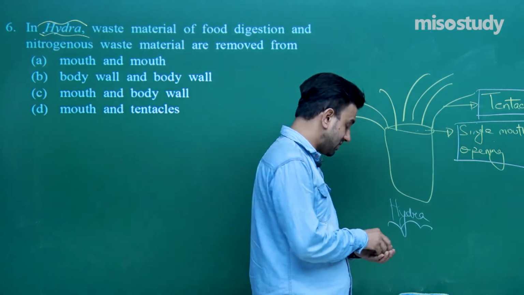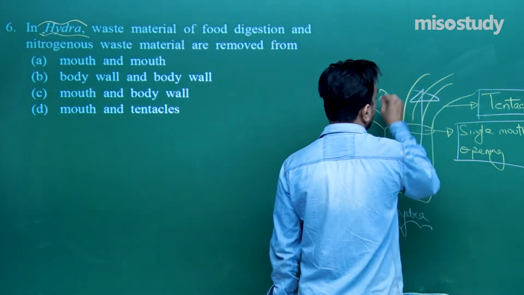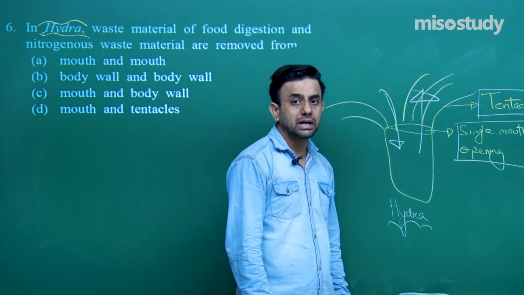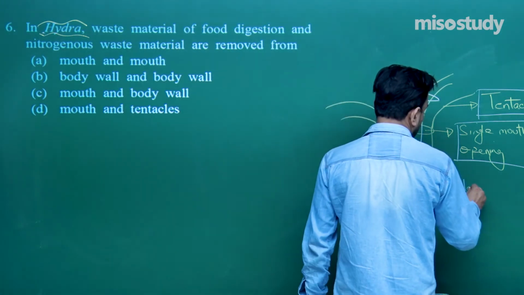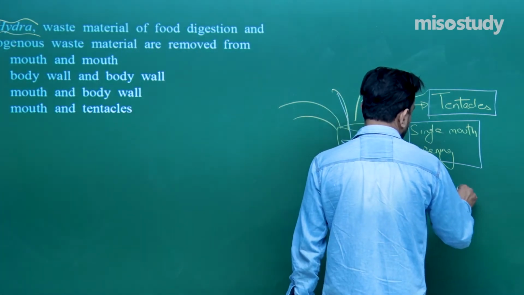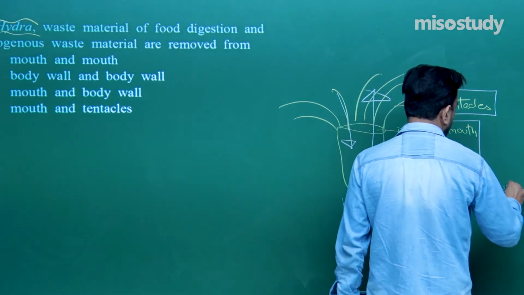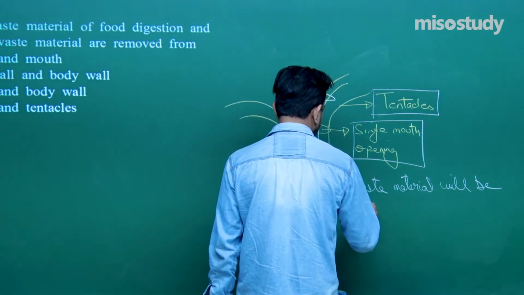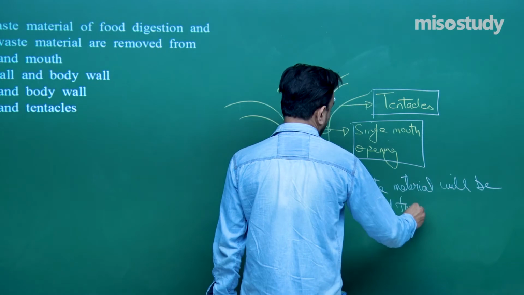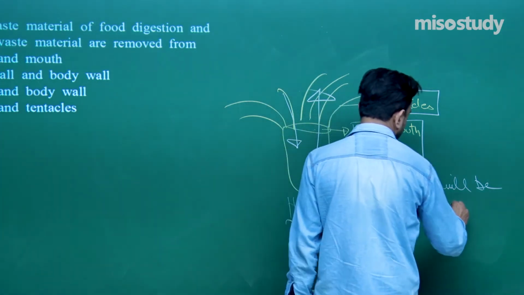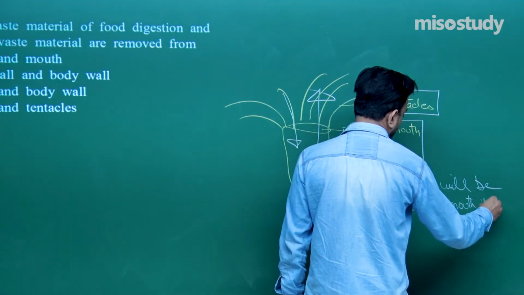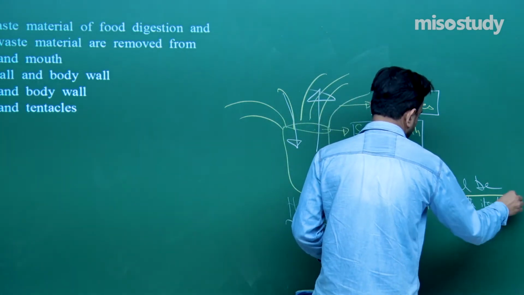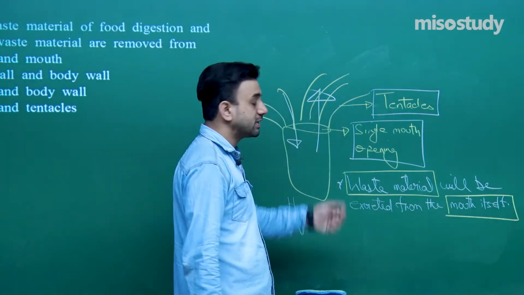So whatever they ingest comes in from this side, and the waste material will be excreted from the same opening, the mouth itself.